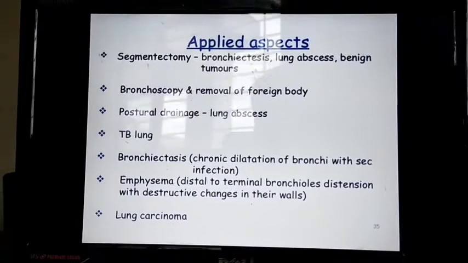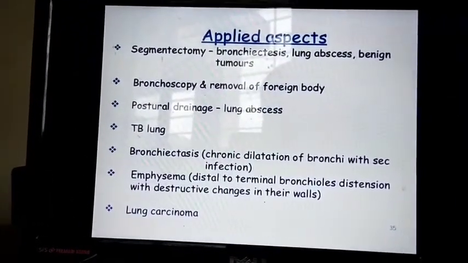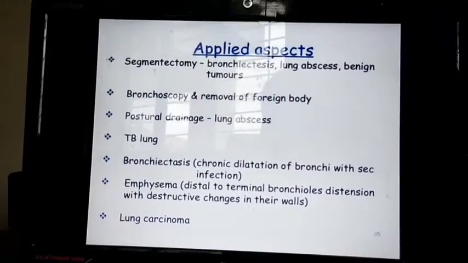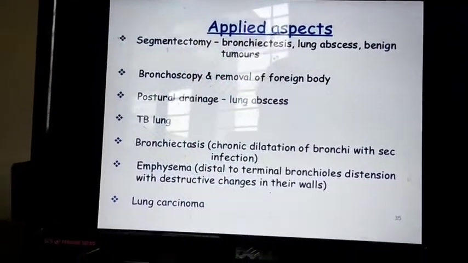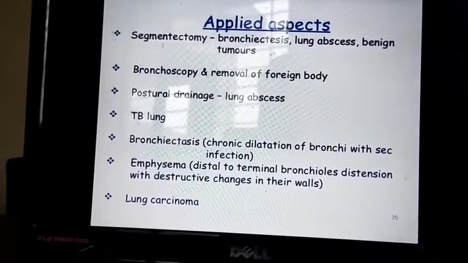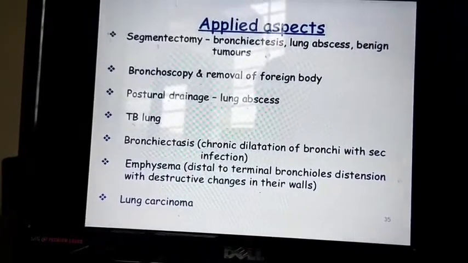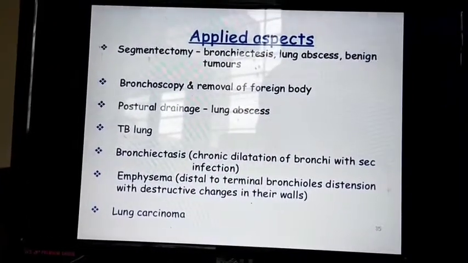Postural drainage is used in lung abscess and TB of the lung, tuberculosis of the lung. Bronchiectasis is chronic dilation of the bronchi with secondary infection. Emphysema is distension distal to the terminal bronchioles with destructive changes in their wall. In emphysema, what happens?